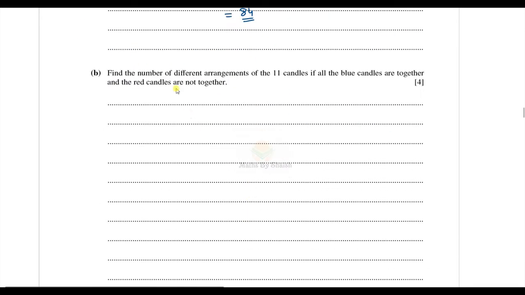B part is find the number of different arrangements of 11 candles if all the blue candles are together and the red candles are not together. So we can do it this way, we will put only one restriction on it first: only the blue candles are together, and there is no restriction for red candles.